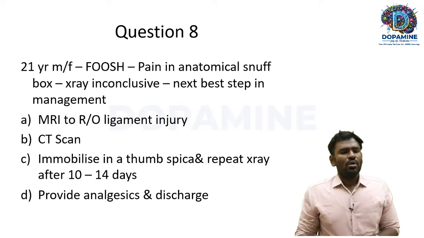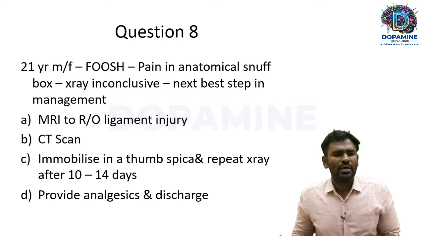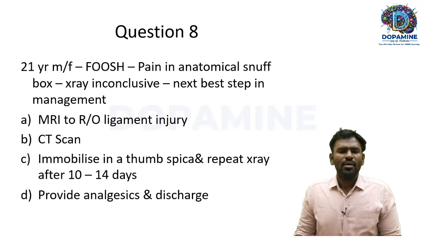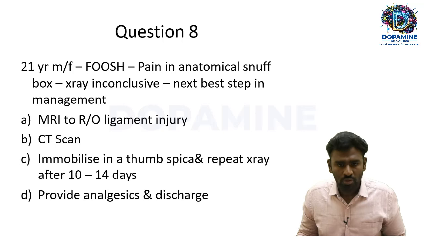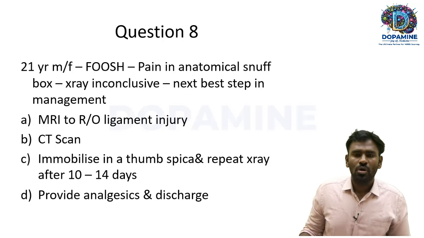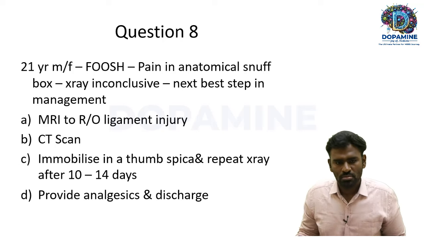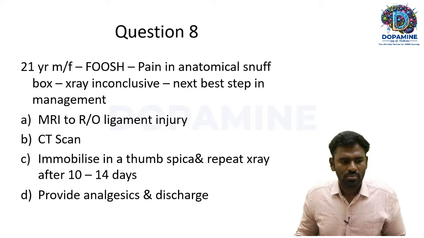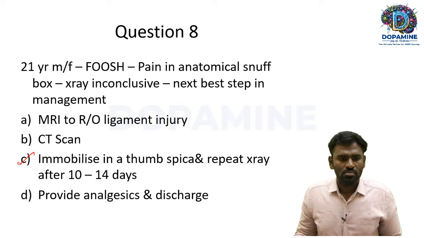21-year male or female, I am not sure. Fall on outstretched hand, pain in anatomical snuffbox, X-ray inconclusive. Next best step in management, what to do? Always immobilize the fracture and repeat the X-ray. Some say MRI.